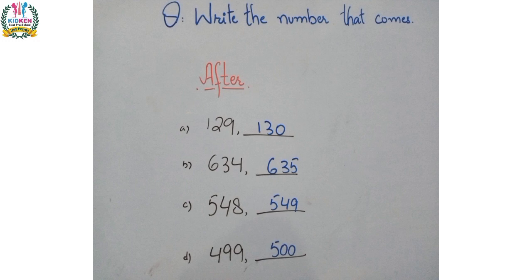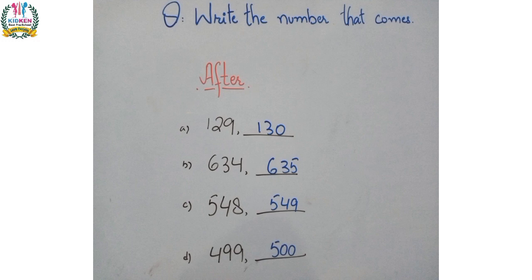Next part is 548. After 548 comes 549. So simply you can write 549 in the blank. Next part is 499. Simply you add 1 to 499, or start counting after 499. So you have the answer 500. Next part of this question, 217.